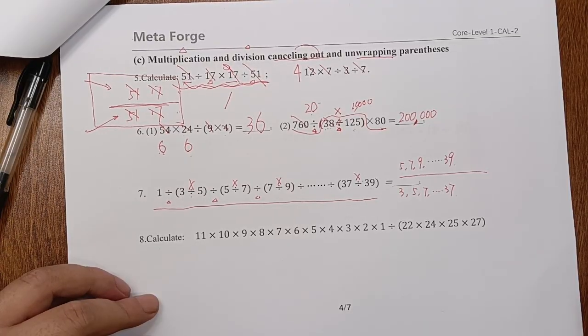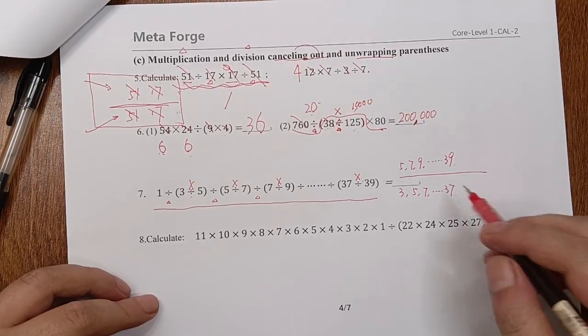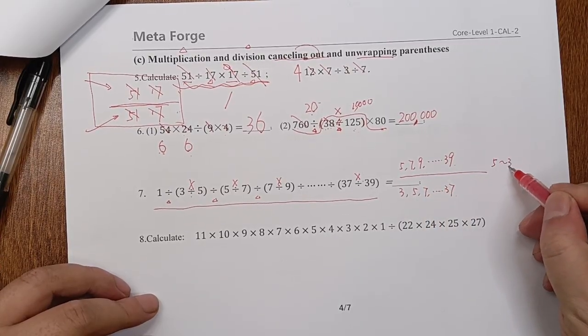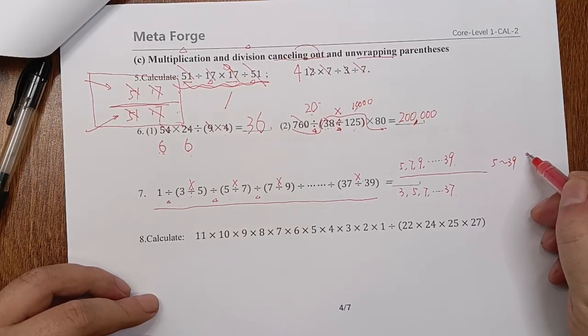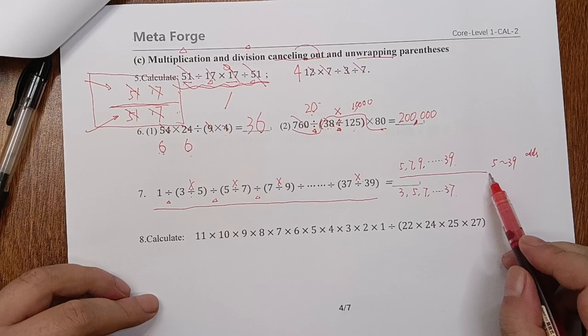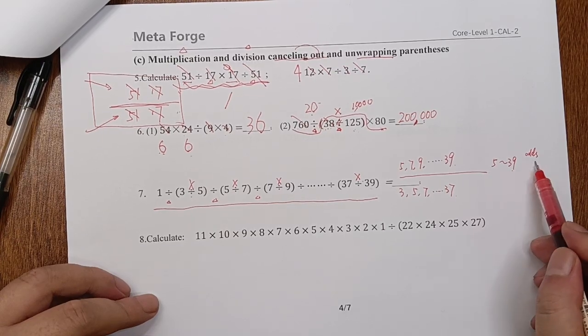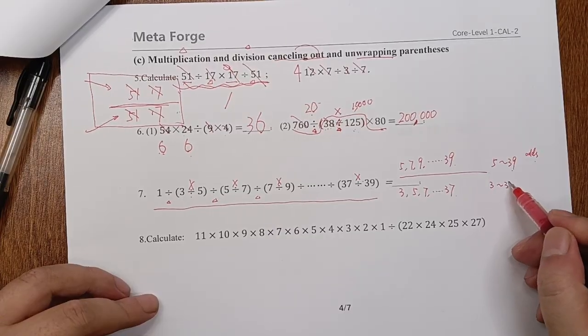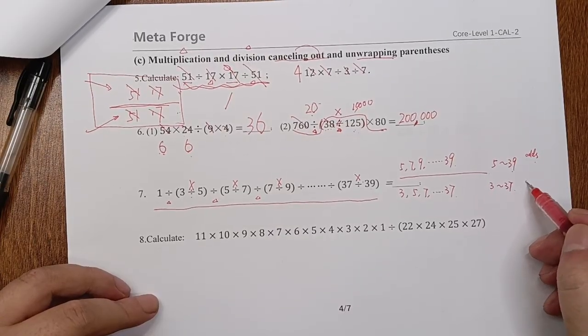We can write it in abbreviated form: here 5 to 39 odds, here 3 to 37 odds.